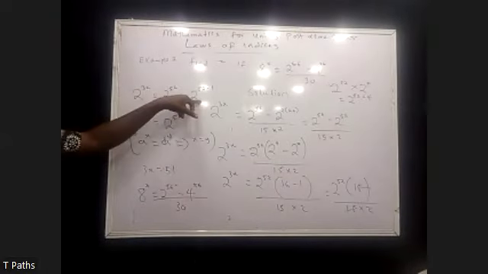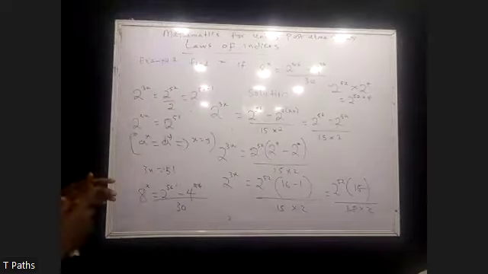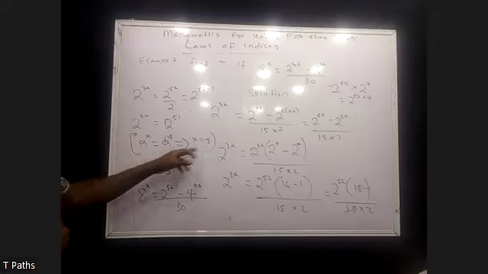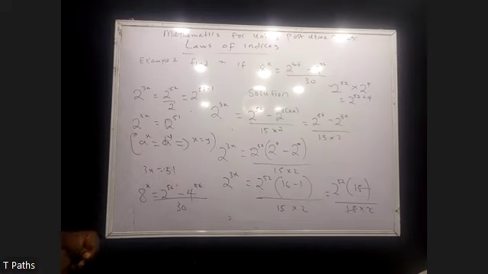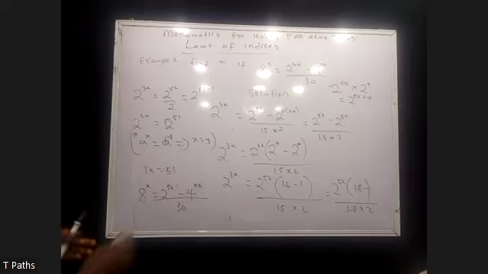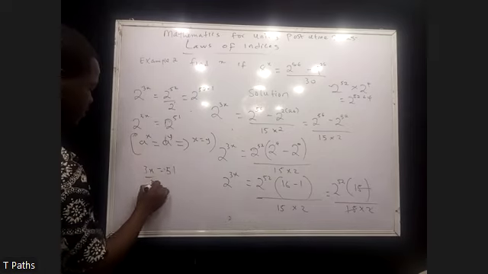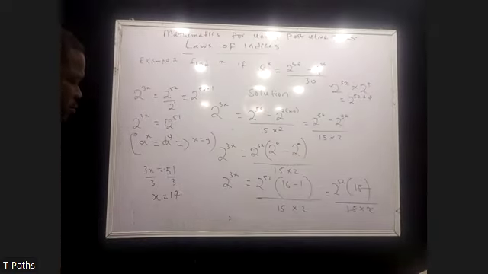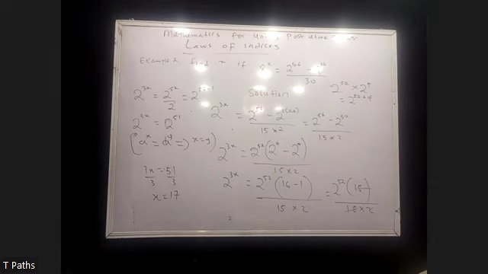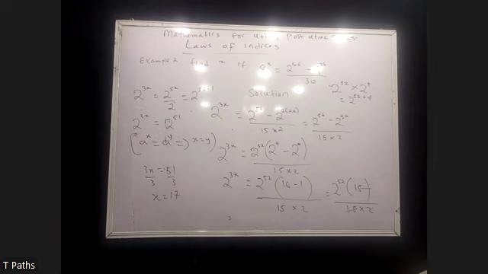Once you get to this step, 3x equals 51. Divide both sides by 3, that will be 17. Now x is 17. This example is quite important to explain all the aspects of indices.